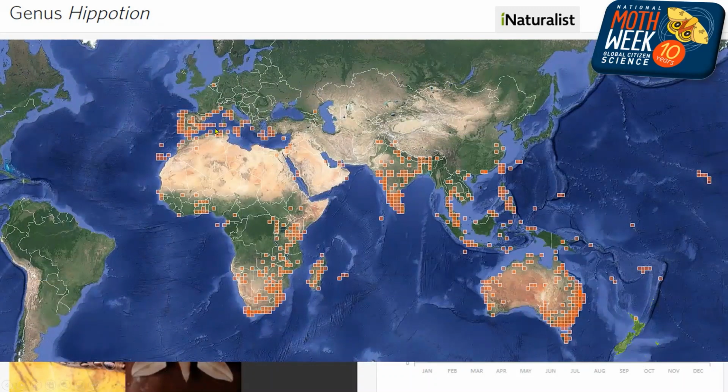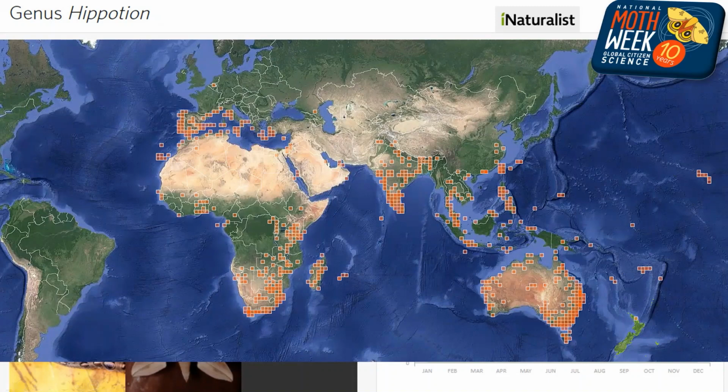They're throughout the Mediterranean rather than the southwest only, throughout Africa and throughout Asia, but again confined to tropics and subtropics, with the exception of southern Australia, actually through to Tasmania, and the north end of New Zealand. Incidentally, Hippotion and Theritra are great travelers. There are a number of migratory species within these two genera, and they have even reached the very isolated island chain of the Hawaii complex.